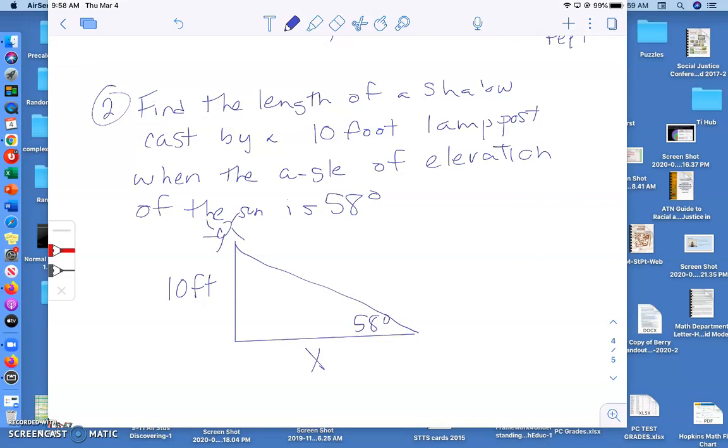So again, if we were to set this one up, it looks like another tangent. So the tangent of 58, opposite over adjacent. So x times the tan of 58 equals 10.